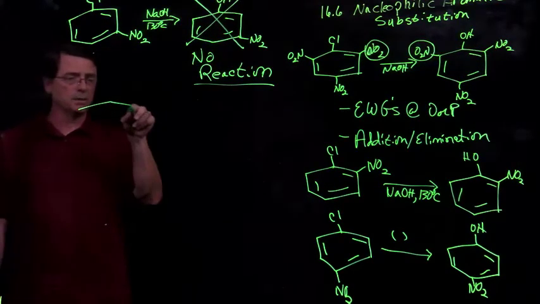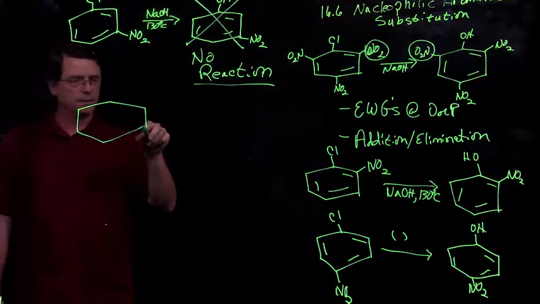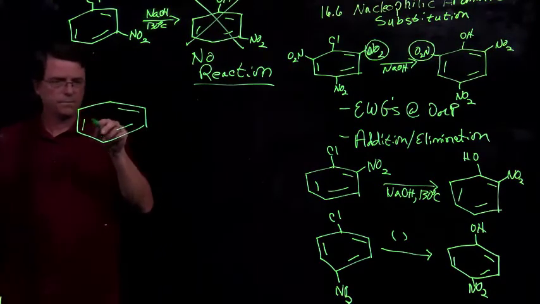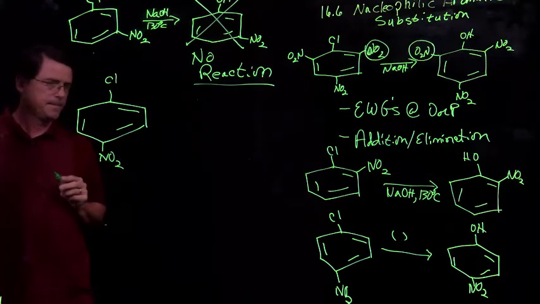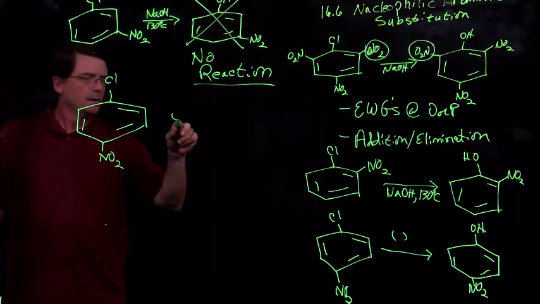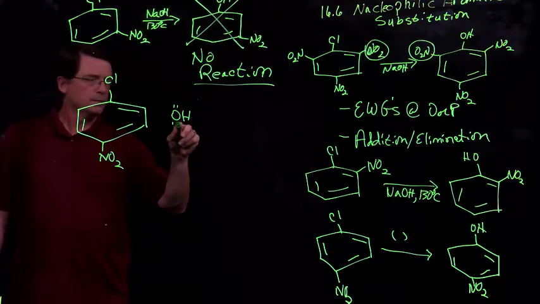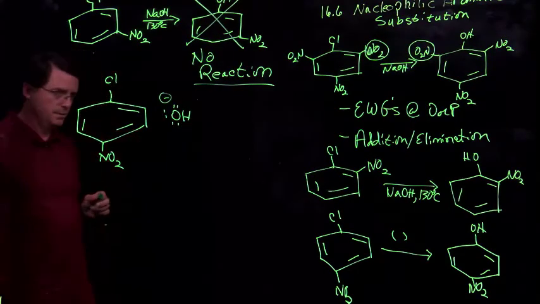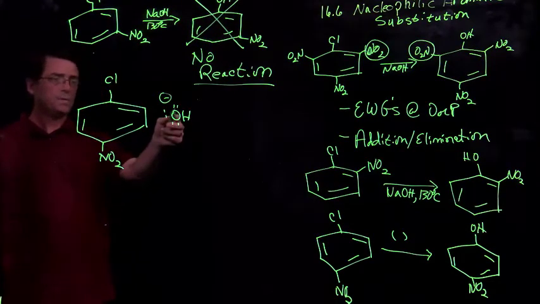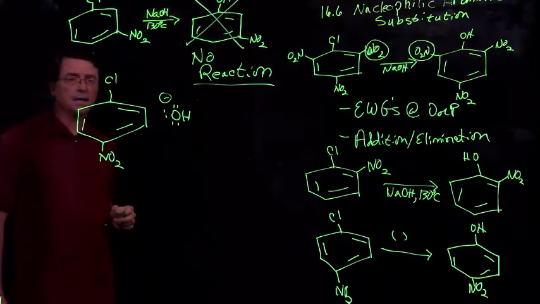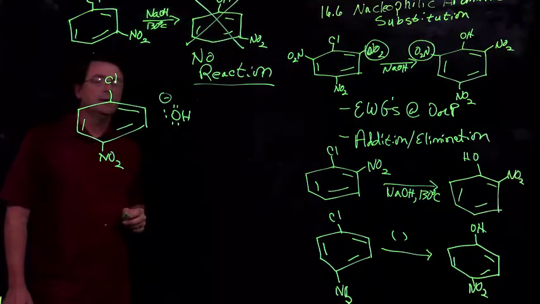But let's take a quick look. We'll use the para for our example. Here's our nucleophile. In this case is going to be hydroxide. We know it's the nucleophile because it's got lots of lone pairs. Okay?